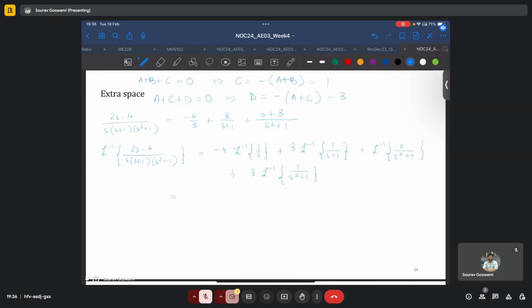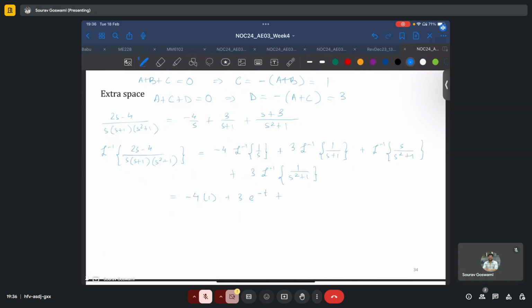Now we know that the Laplace inverse of 1 by s is simply 1. So this is minus 4. Laplace inverse of 1 by (s plus 1) is e power minus t. So this is 3 e power minus t.